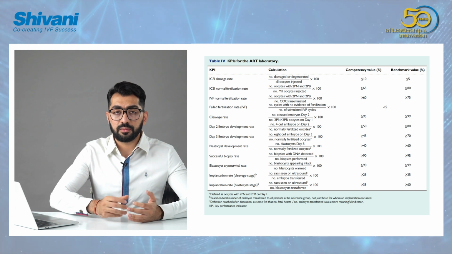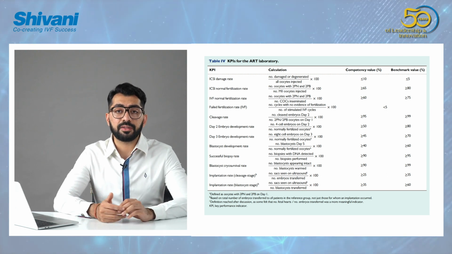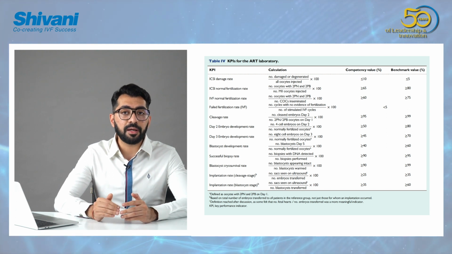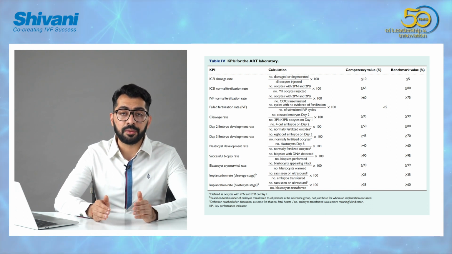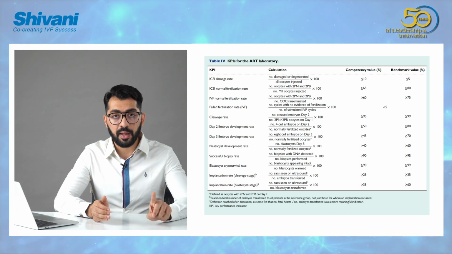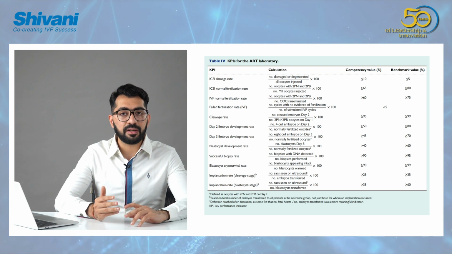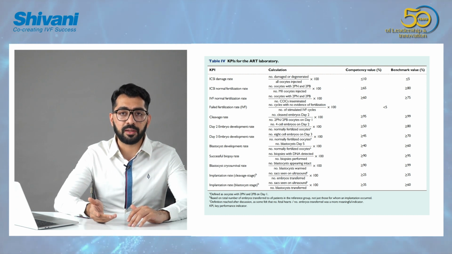Because the definition of implantation rate is basically the number of G-sacs that are seen divided by the total number of embryos that were transferred. So let's say I get only 1 G-sac, but I've transferred 3 embryos. The implantation rate is about 33% in that particular scenario.